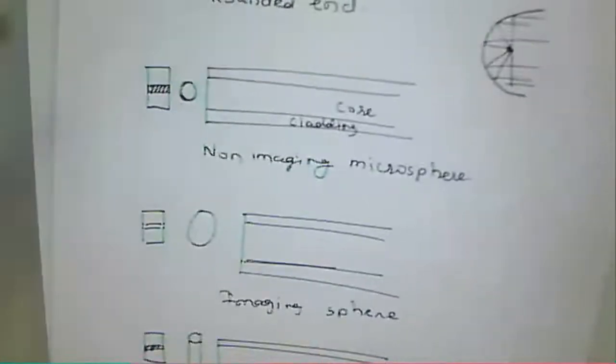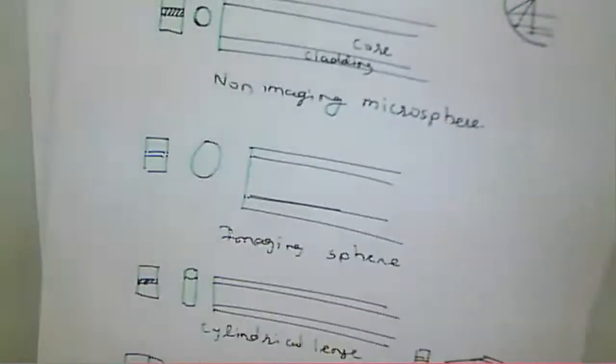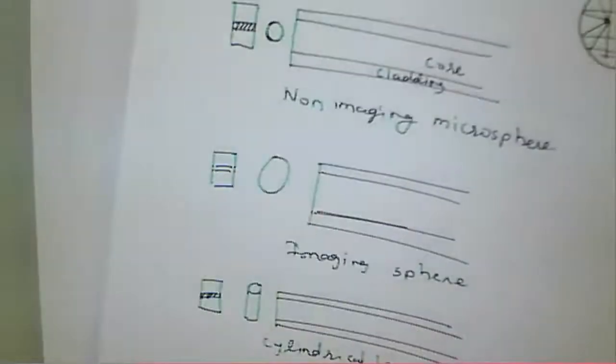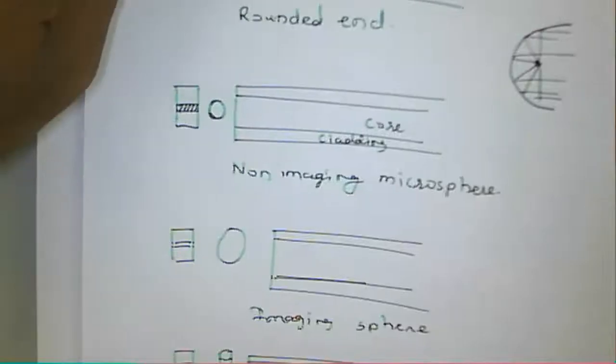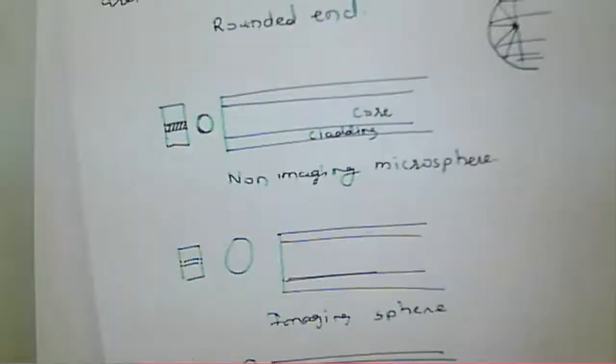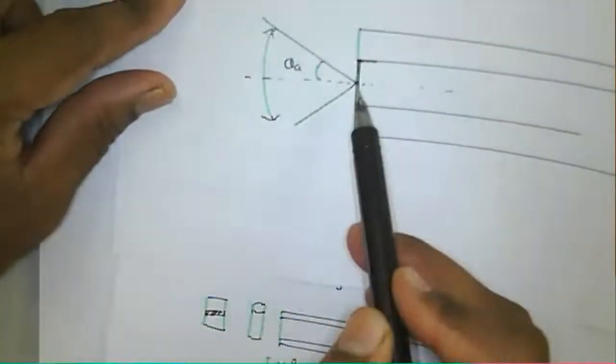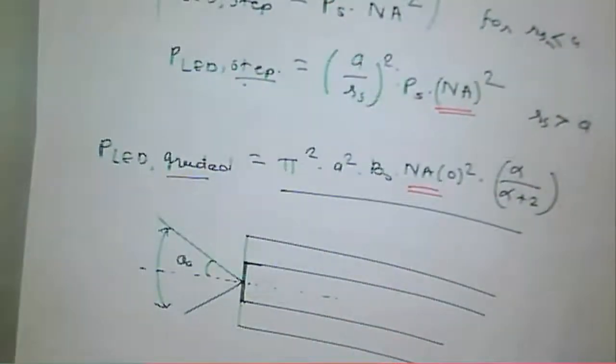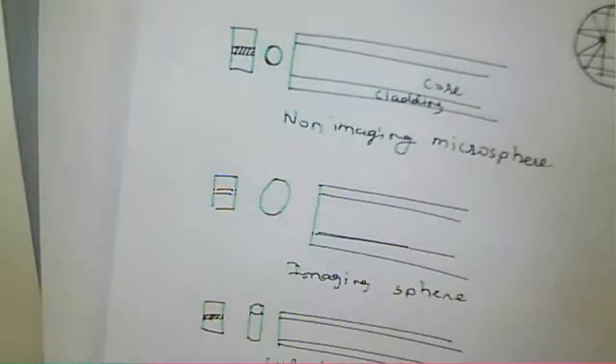Now these various schemes are used to couple the source to the fiber. As already mentioned, there should be specific acceptance angles, so that according to the numerical aperture of the fiber, the power will be coupled.